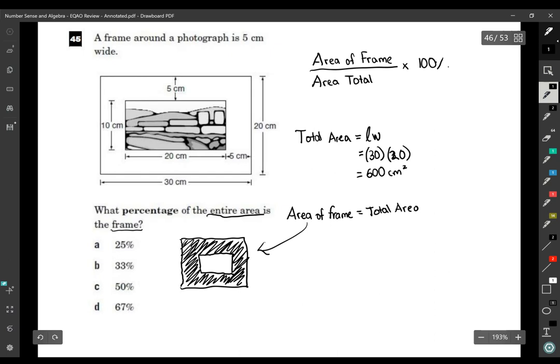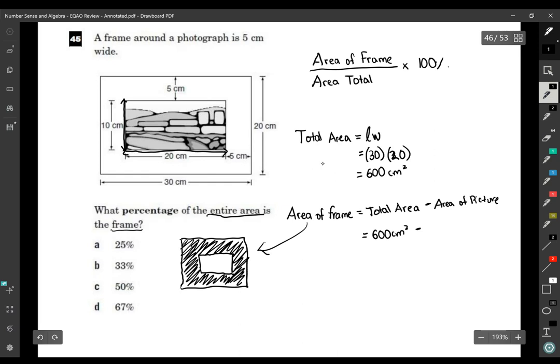area minus area of picture. Hopefully that makes sense. So we already know the total area is 600 centimeters squared. Now the area of the picture, well, it's not directly given to us, but we know that the width is 10 and the length is 20.